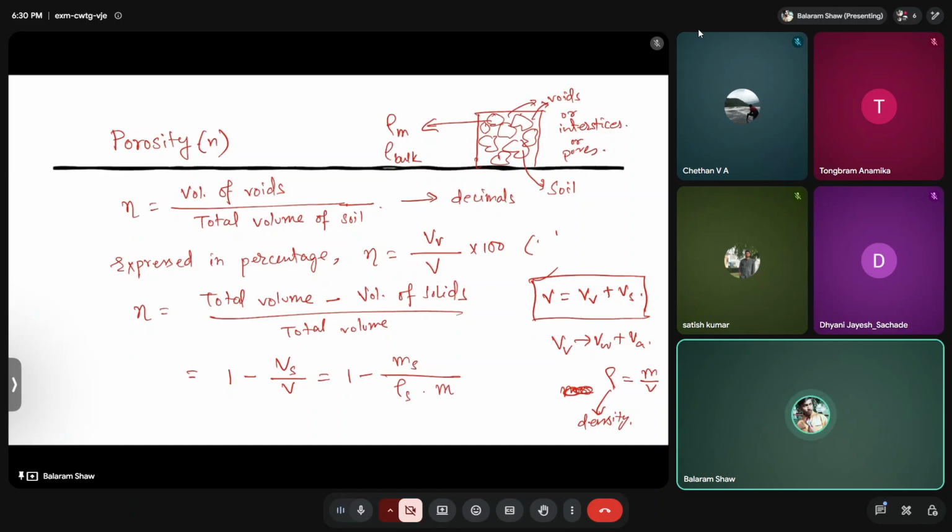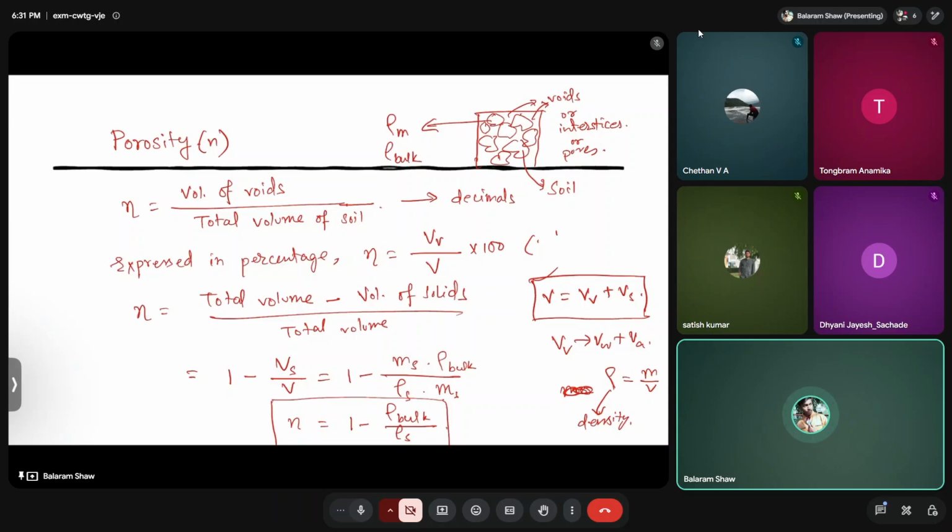Mass of the total layer will be equal to the mass of solids, because mass gives you how much is there due to gravity, right? So we are considering that air does not have any mass here, so we can write this as mass of solid divided by bulk density. So we can write this as bulk density divided by the density of the solid.